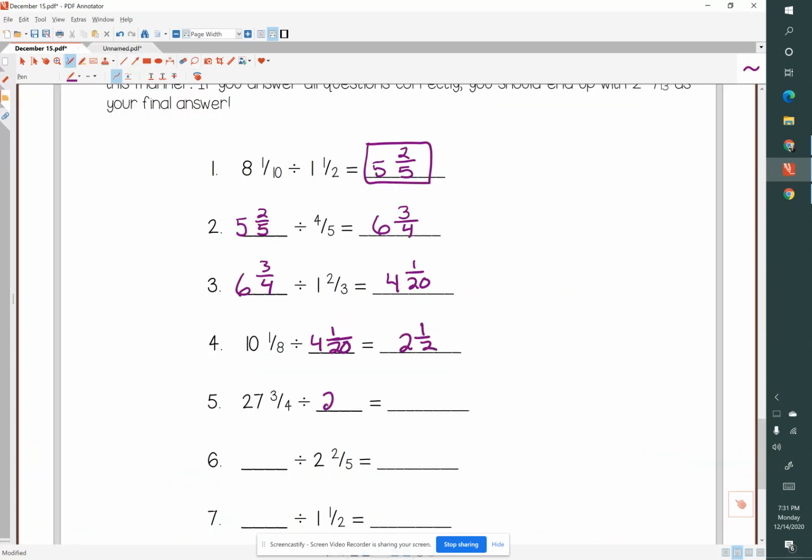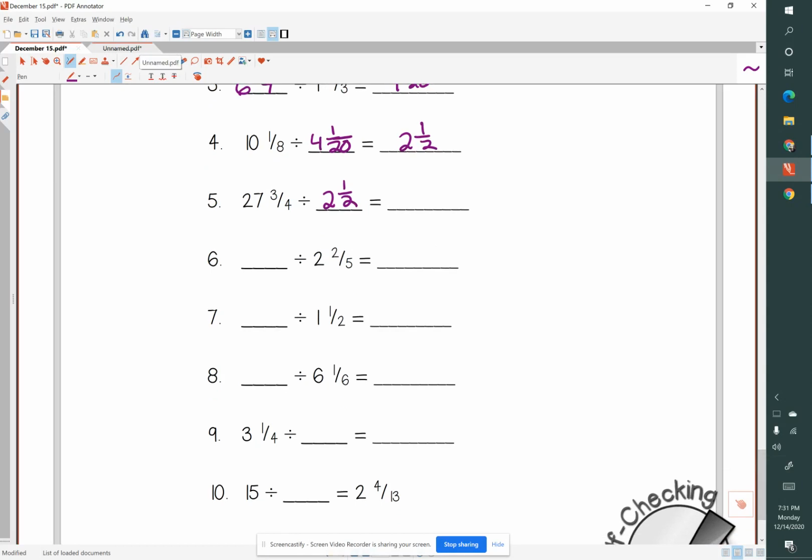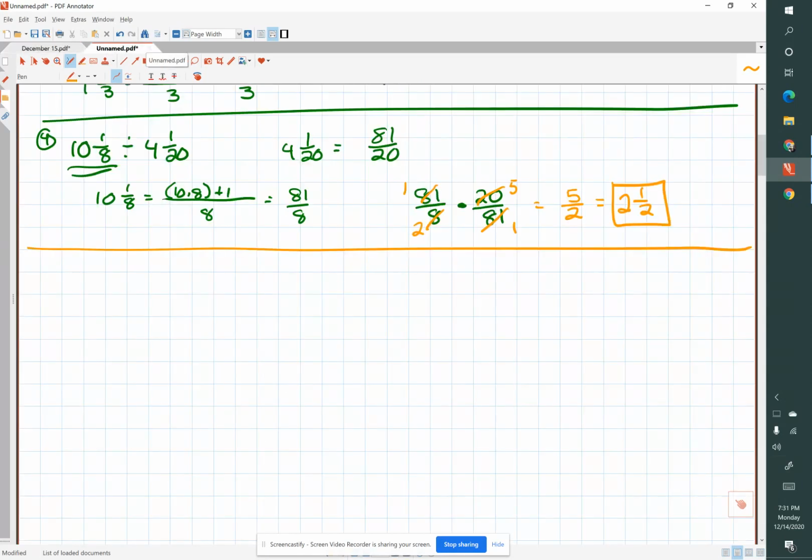And we put that in the next problem. And we'll work that on the next page. 27 3/4. This is problem number 5. Divided by 2 1/2. So let's make our conversions to improper fractions. So 27 times 4 plus 3.